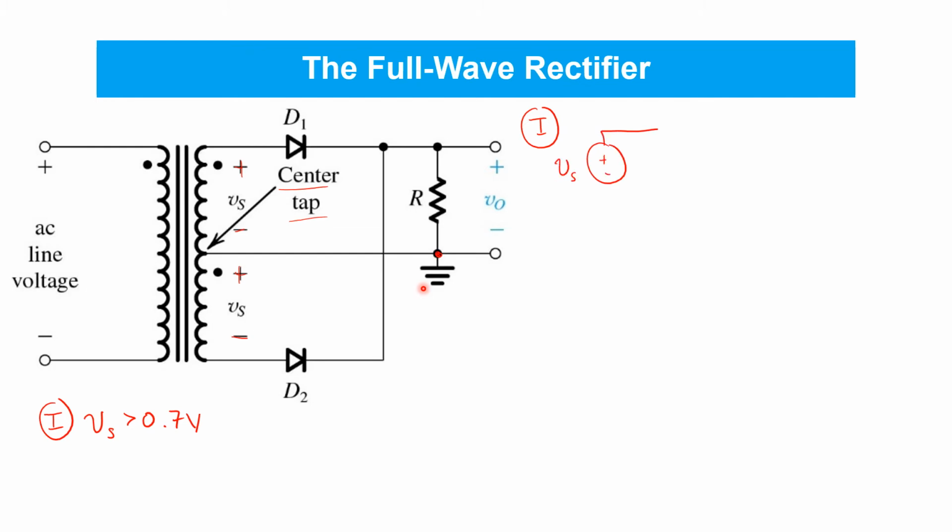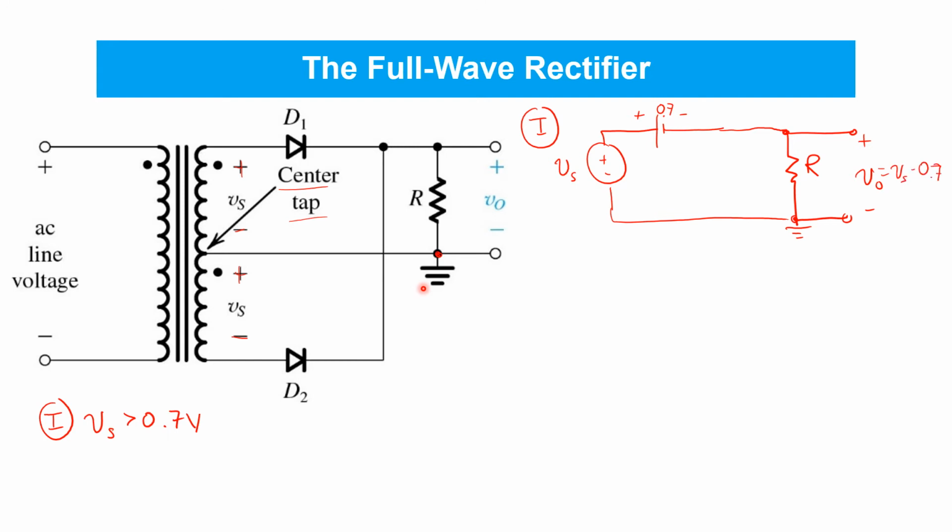Vs is connected through diode D1, which is now forward biased, and therefore using our constant forward voltage drop model can be replaced with a 0.7 volt drop, and then connected from there to the load R, across which we observe VO. So we know in this circumstance, VO is just equal to VS minus 0.7.